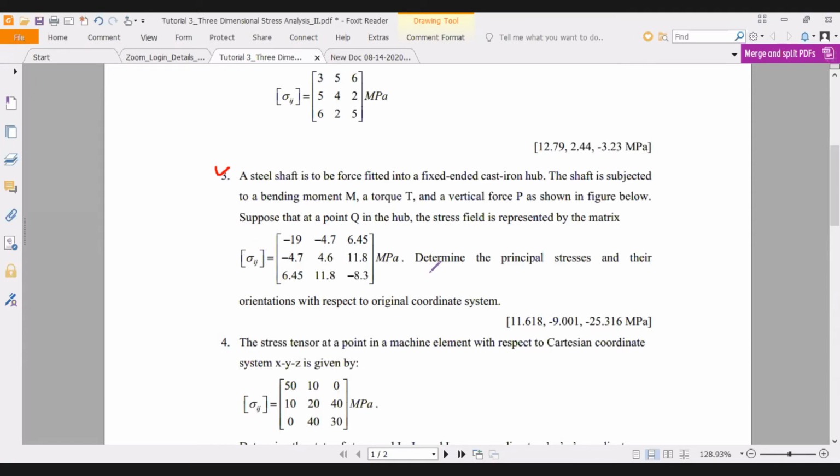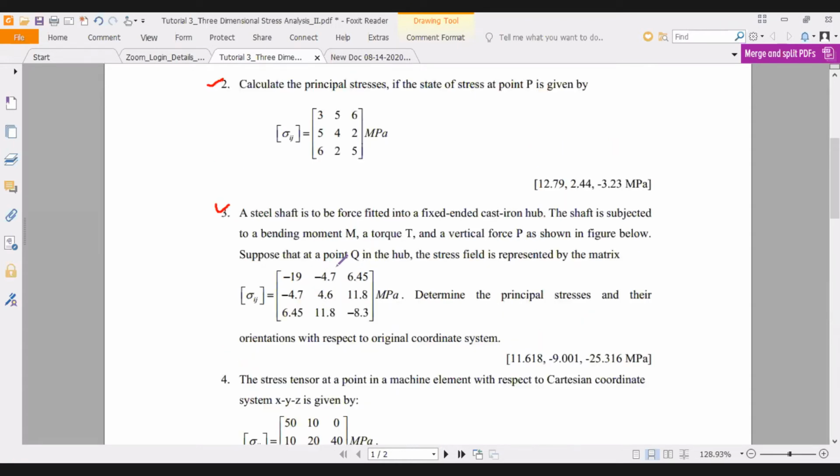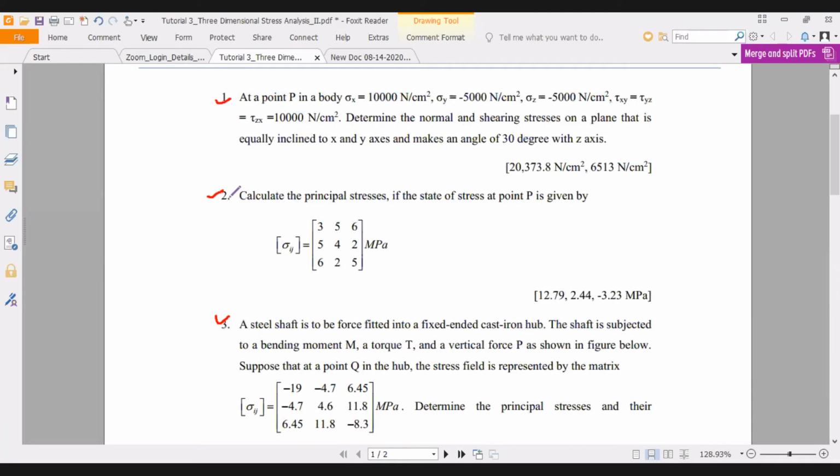So determine the principal stresses at that point and their orientation with respect to the original coordinate system. Okay, so again this is very similar to your previous one.